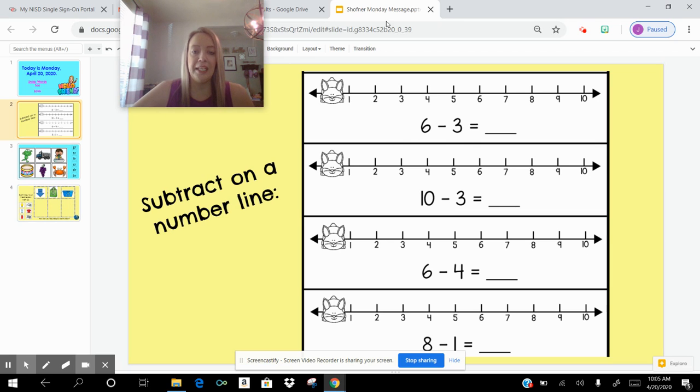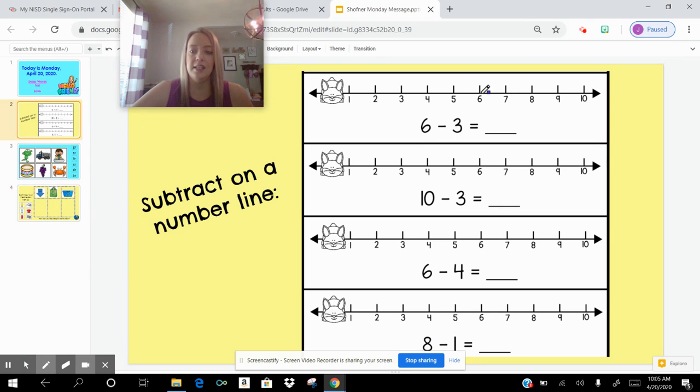So this little bunny, how a bunny hops, we're going to practice hopping backwards because remember, when you subtract, you're taking away. So let's look at this first subtraction sentence. It says 6 minus 3 equals blank. So we're going to start at the first number.